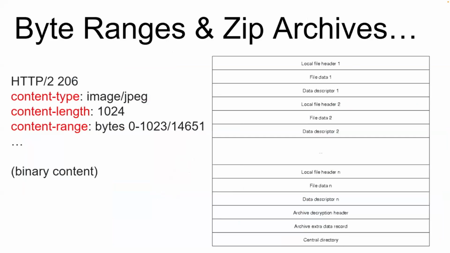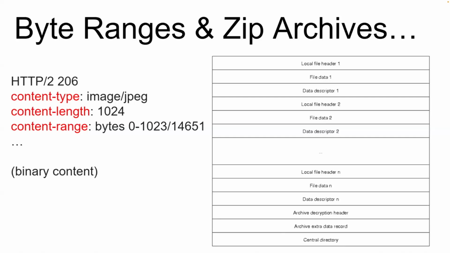The two strategies for making this happen are based on some very long-standing technologies. One of these strategies is to use byte ranges, which have been part of web server plumbing since the late 1990s. On the left of the slide, we can see how these requests work, basically requesting part of a file rather than the whole thing, which is often very useful for efficiency and common in functions like streaming and transferring large amounts of content.